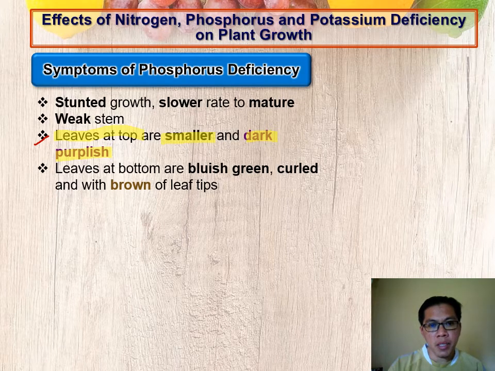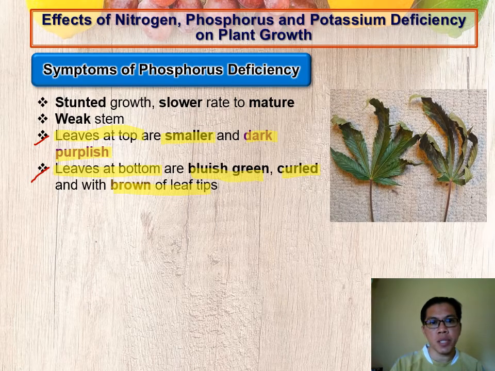While manakala leaf at bottom is bluish green, warna hijau-hijau kebiruan, curl, dia terlipat, and brown with brown leaf tip, dan di hujung daun itu akan ada warna brown. Okay, this is what you can see. Kalau lihat nombor 2 ini, for nitrogen, leaf at top are smaller and fall easily, dia mudah jatuh.